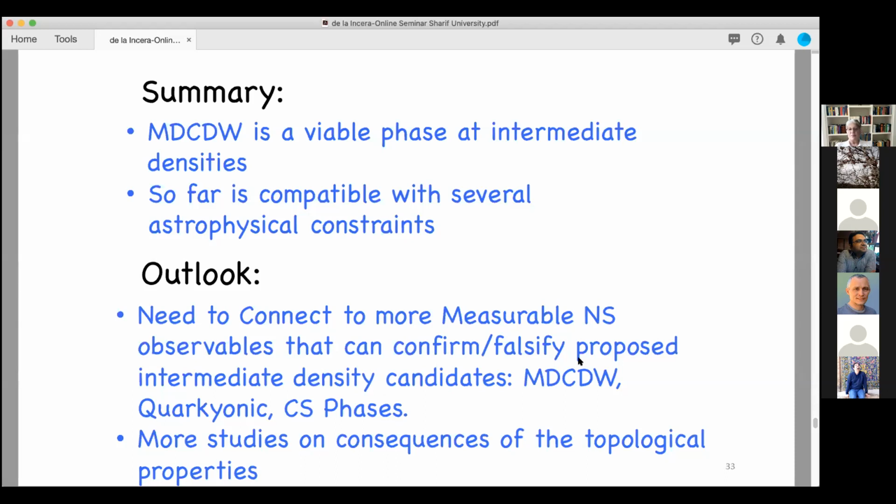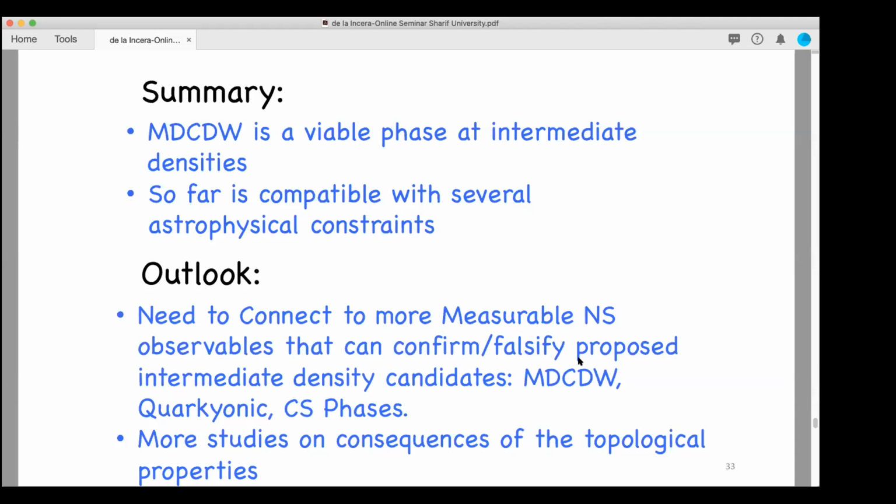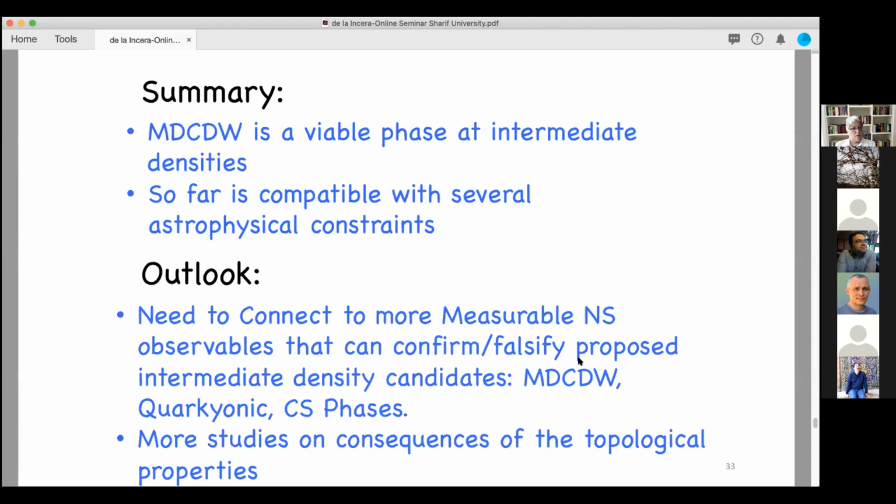Vivian, I was thinking about the shape of this MDCDW phase. You told us that we have some kind of quark matter arranged in a periodic shape, yes? Somewhere you have a bunch of matter, then you don't have, then you have some, in terms of Q, yes?